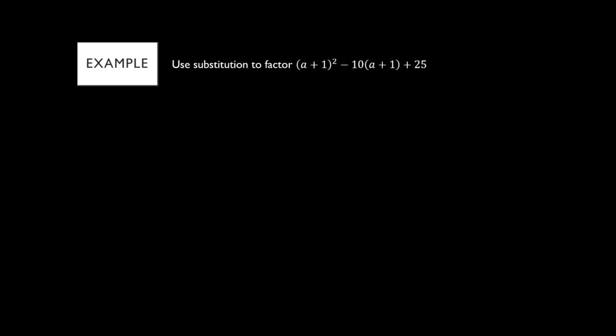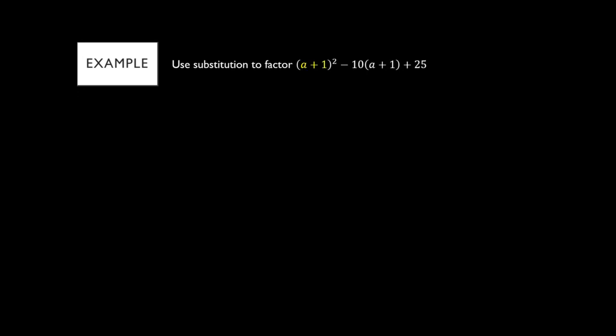You could try to factor it otherwise. You could try to multiply out the square, do distributive property, add things together, try to factor from there, but that actually ends up being a lot more complicated.